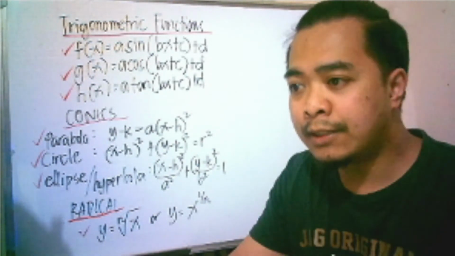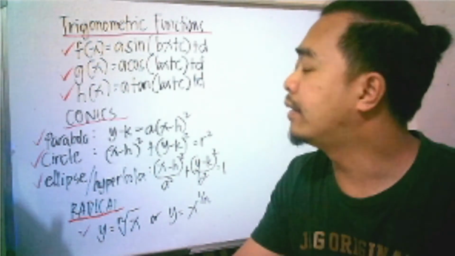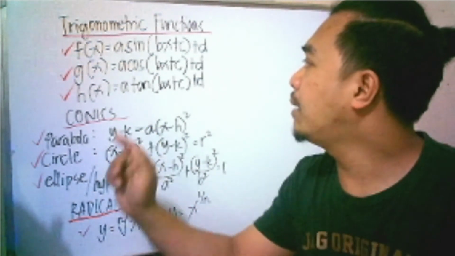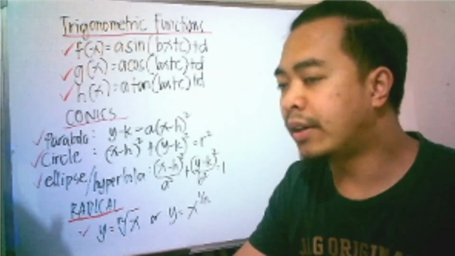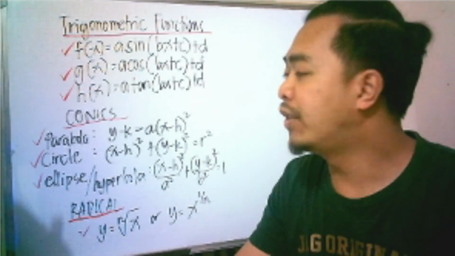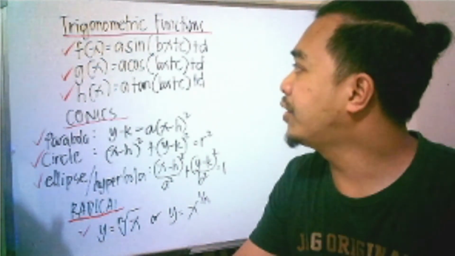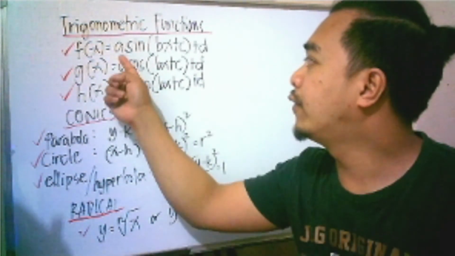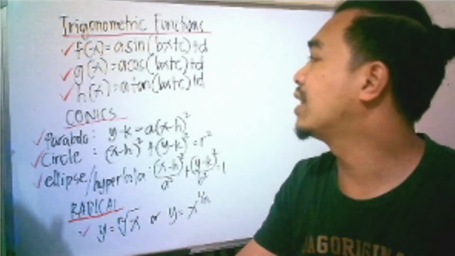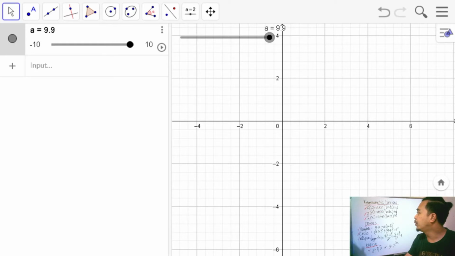And suppose that in a particular lesson, we want our students to understand what we mean by A, B, C, and D, and what are their roles, how they affect the function in terms of their graph. So that the students would understand what happens to the function if we, for example, change A, if we change B, if we change C, and D. So we can use our sliders to do that.